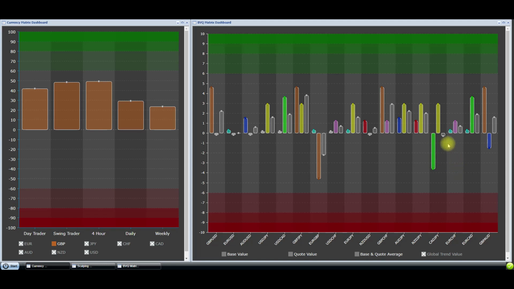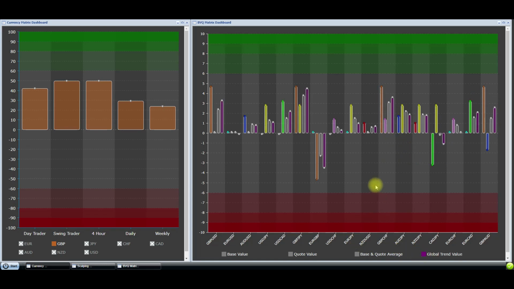Well, it's to the downside slightly. This one is actually a little more obvious, but you might ask yourself, how strong is it? Well, it's about 1.5 strong to the upside. So that's what the average is there for. And global trend value, I've talked about that in other videos.